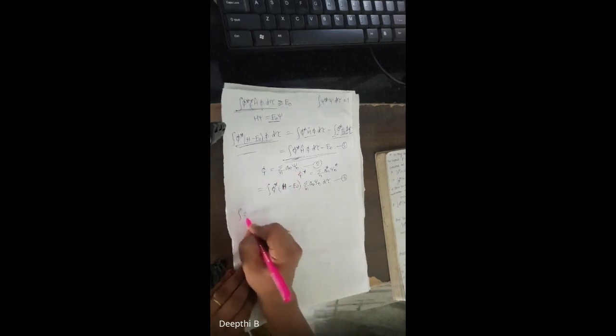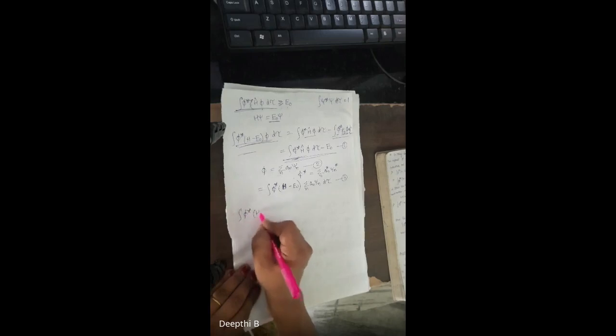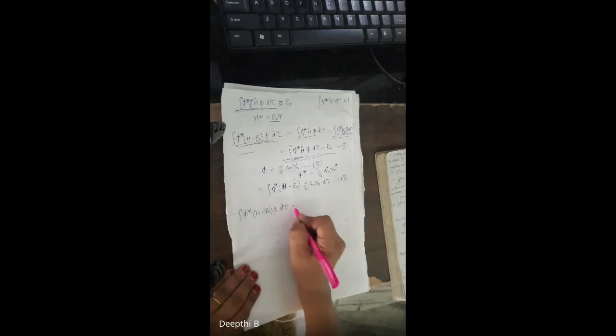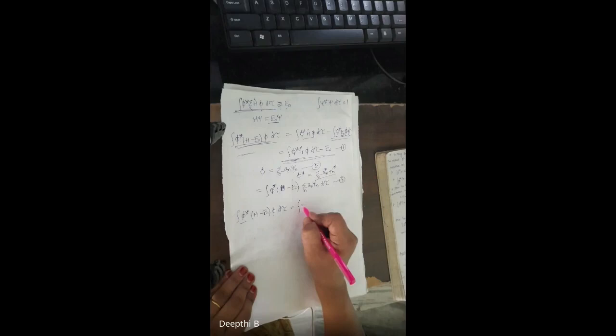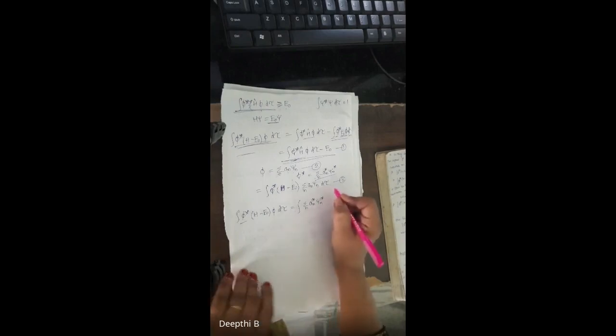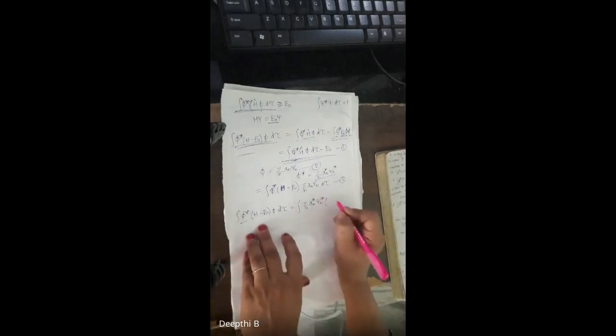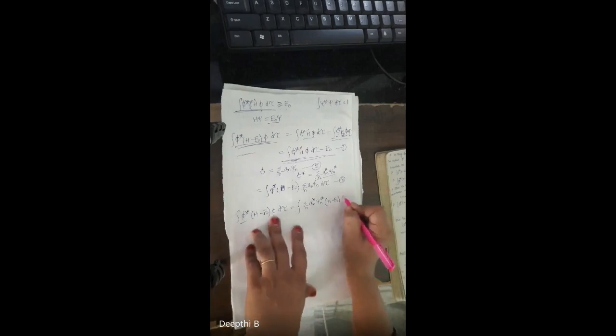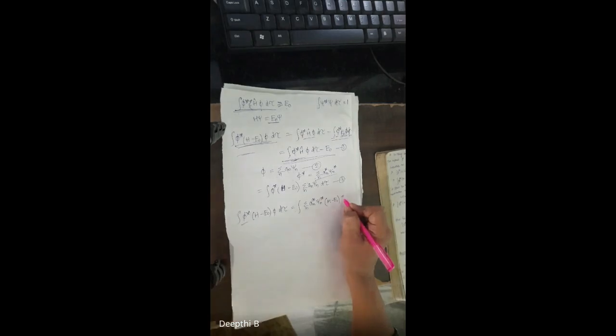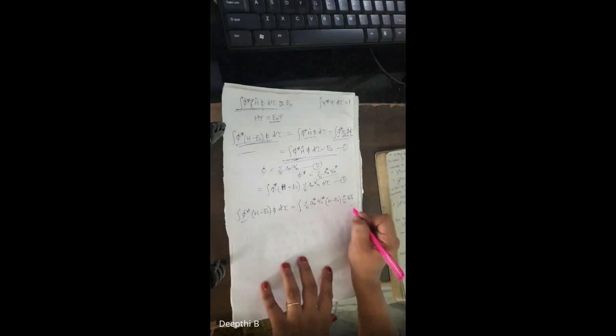How? Integration of phi star (h minus E naught) phi d tau is equal to, first put the value of phi star, which is summation over n of a n star psi n star, into (h minus E naught), and the phi value is summation over n of a n psi n d tau as it is.